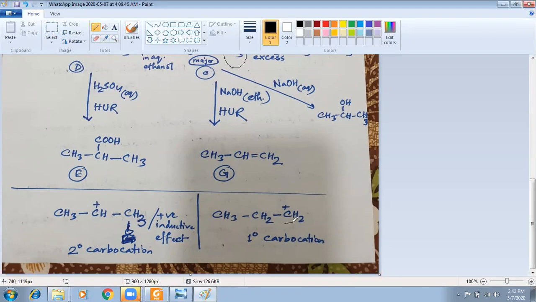Now when this carbon is positively charged, that means this is our carbocation. At the time, only one alkyl group is attached. But in this case, there are two alkyl groups present.